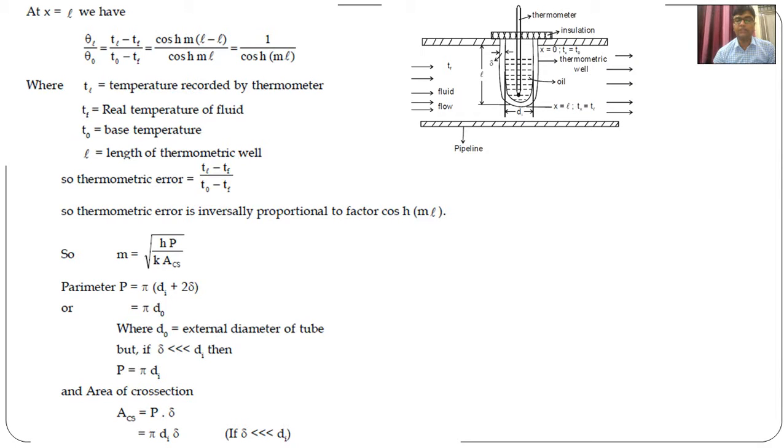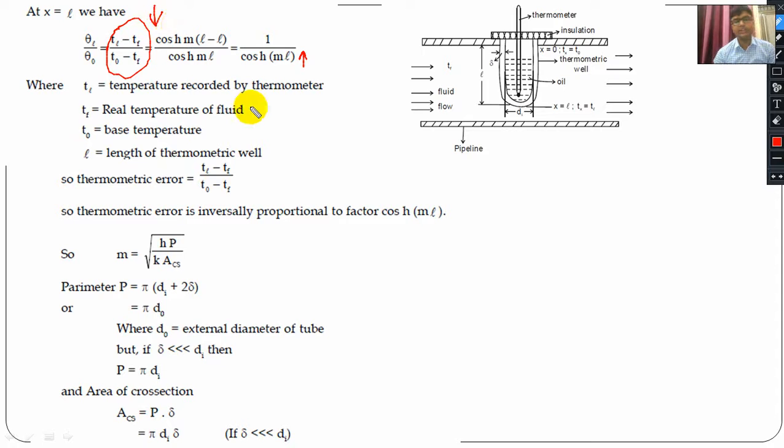If the cosh ML value is low, definitely the thermometric error is high. If the cosh ML value is high, what happens? The thermometric error value is low.